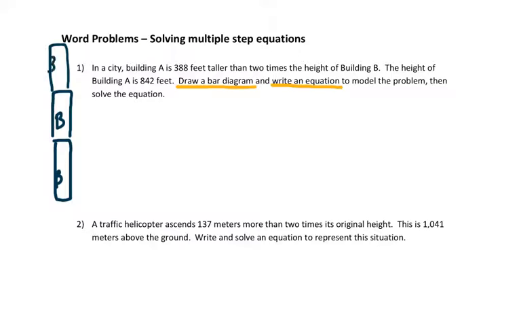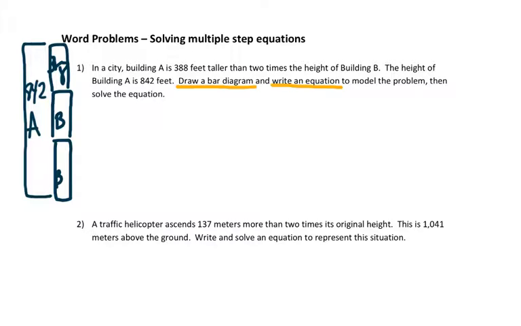So I'm going to put 388 in there. That is equivalent to building A. So right next to that, I have building A, and we know that building A is 842 feet. So that is what a bar diagram is.